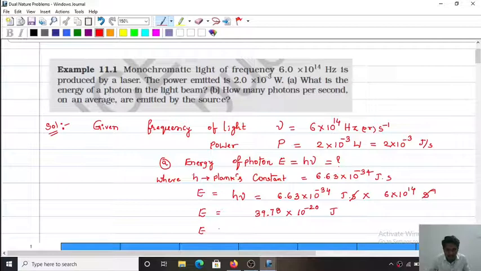In the textbook it is given as 3.98 into 10 power minus 19 joules, approximately. This is the first answer, the energy of one photon.